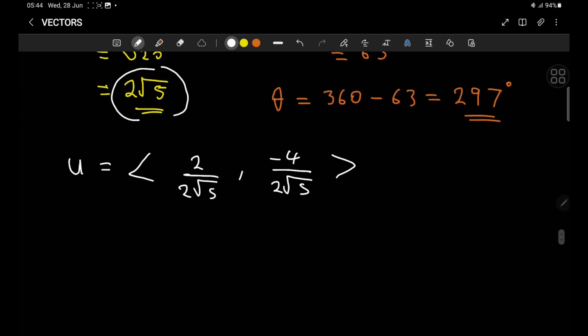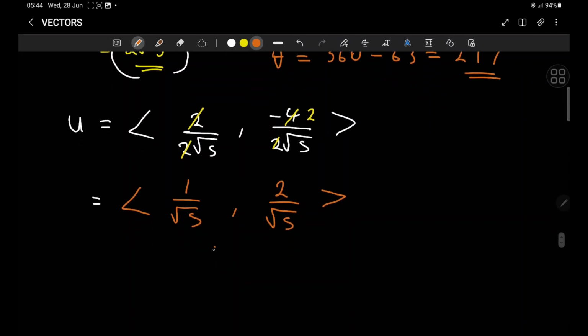This can be simplified. The 2 can divide, and 2 can also go into 4, so that we have a negative 2 there. So our final solution will be 1 over root 5, sorry, negative 2 over root 5. Okay, and this is our solution.